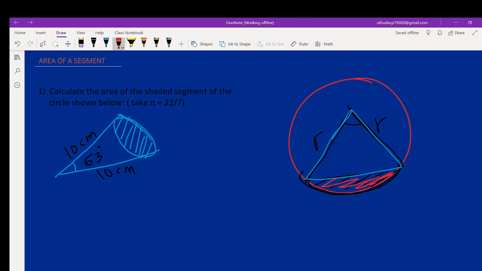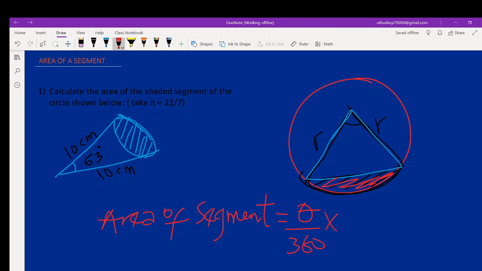So what does that say? Area of segment equals the area of a sector, which is theta upon 360 times pi r squared, minus the area of this triangle.